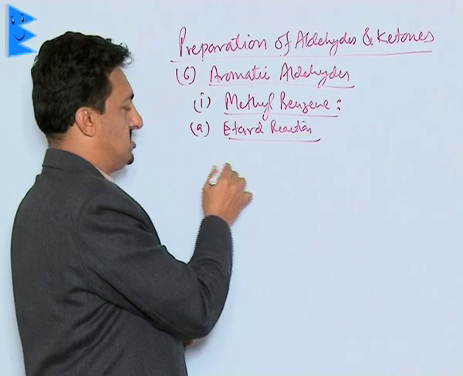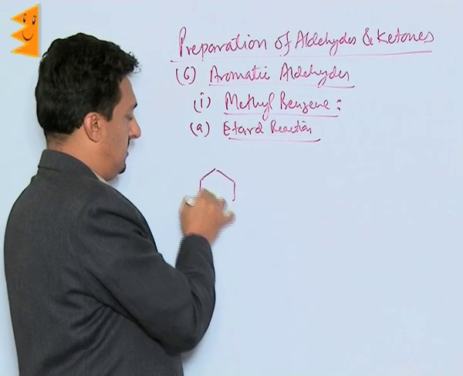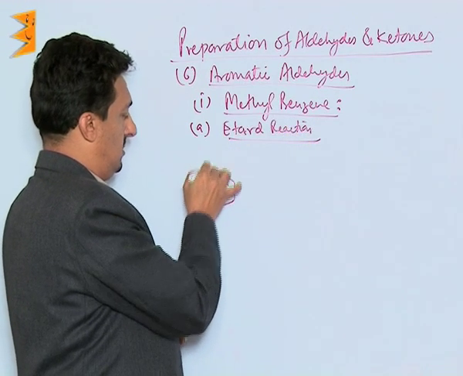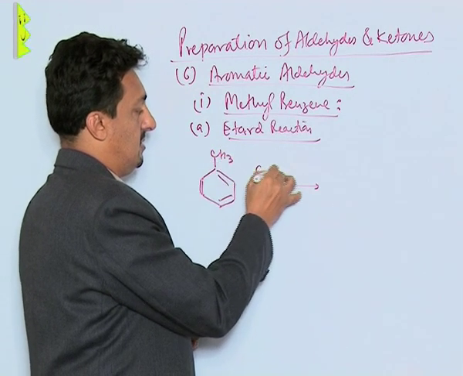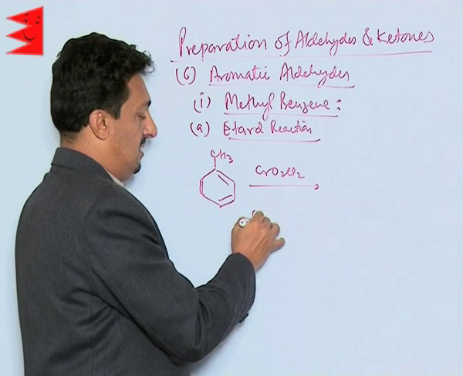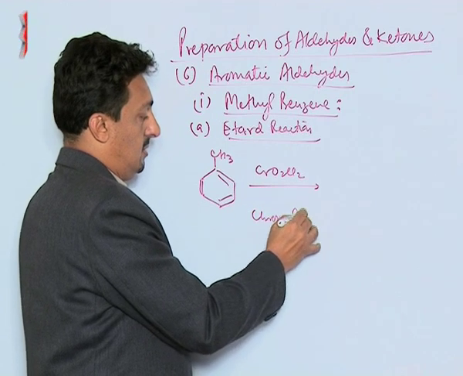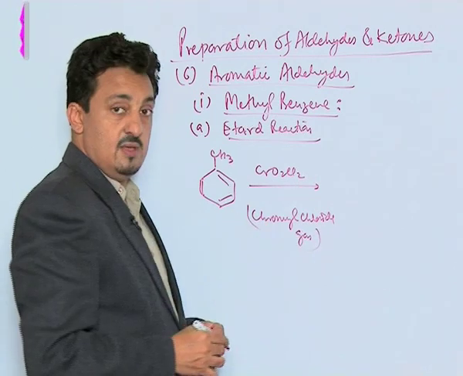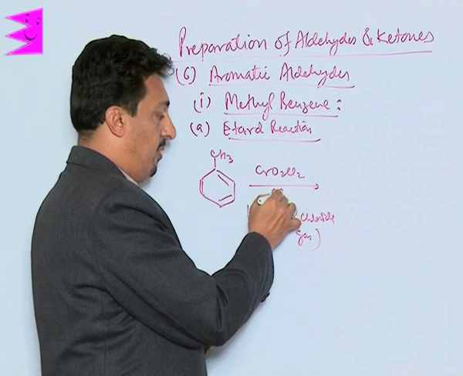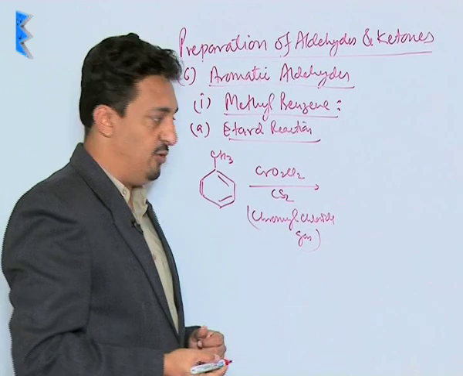It's a name reaction in which toluene is reacted with chromyl chloride in a non-polar medium like CS2 or CCl4.